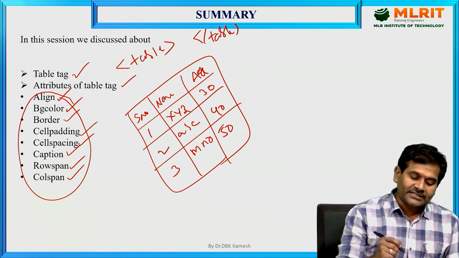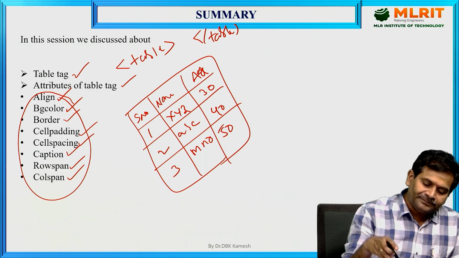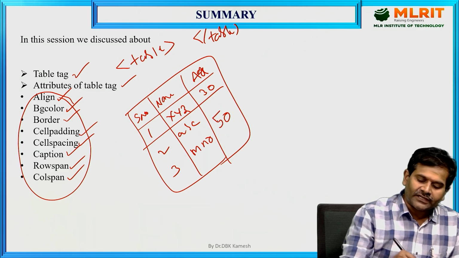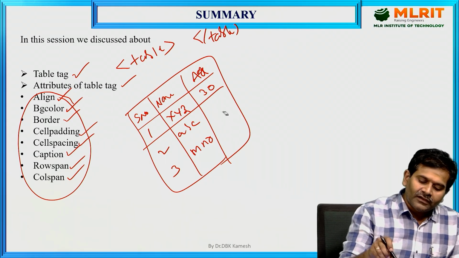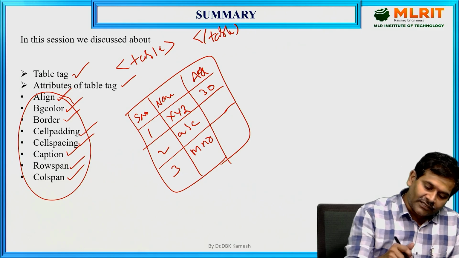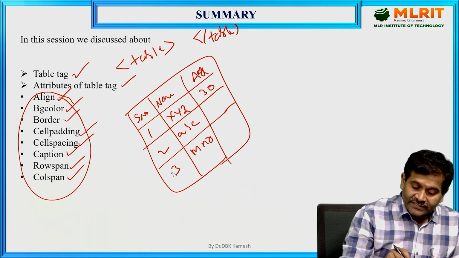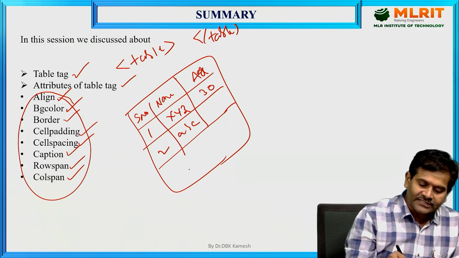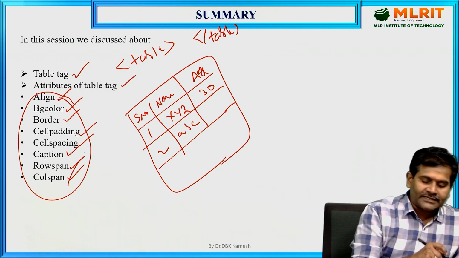For example, if both ABC are 50, then I want to merge, so we have to merge this one, since both are similar. Sometimes we may require this, and then these 2 will be merging. Right, column span. In this entire thing we need to write it like this. This is called row span, column span. It looks like this.